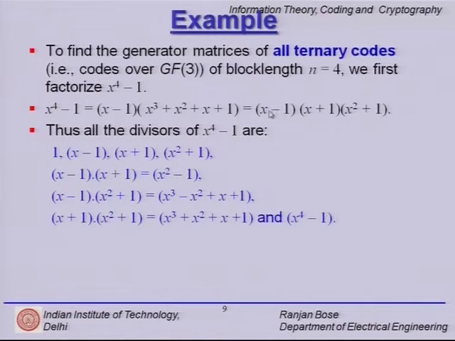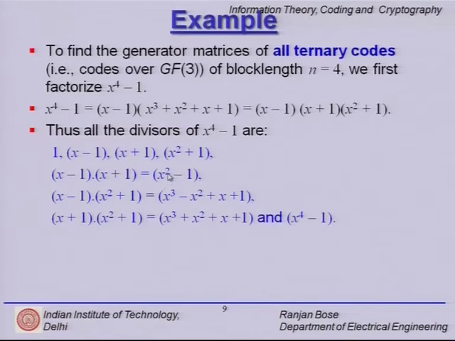Clearly, we have to start with the trivial 1 as a factor. 1 is a factor of all x raised to the power n minus 1. Then we have x minus 1, x plus 1 as written here, and x squared plus 1 also given here. But then the product of the first two terms is also a valid factor and hence a valid generator polynomial.